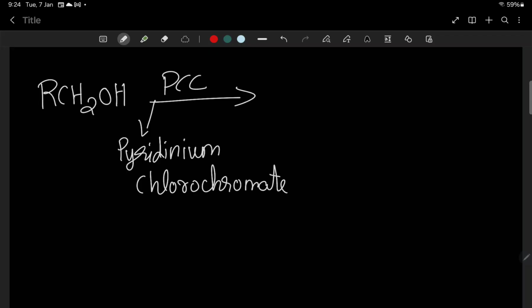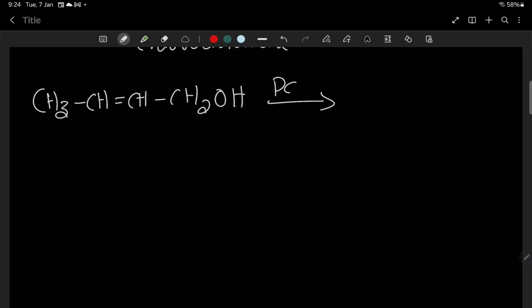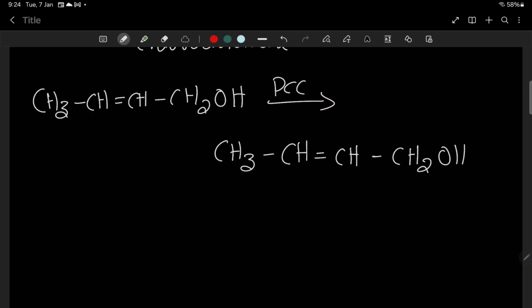If there is a double bond, take this reaction, CH3 CH double bond CH2OH. If you use PCC, the double bond won't be affected. Only the OH group will be converted to the corresponding aldehyde group.